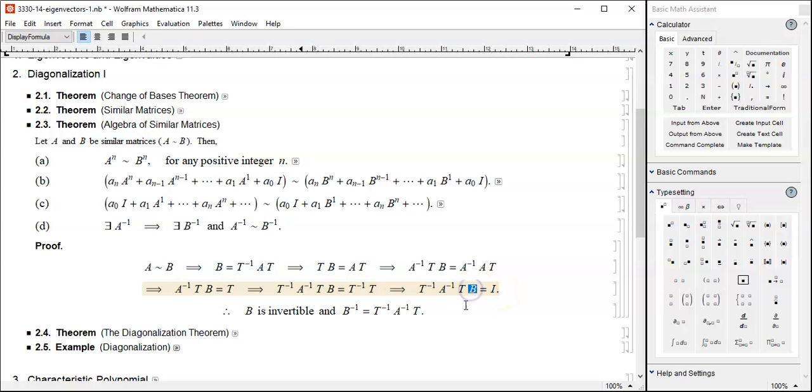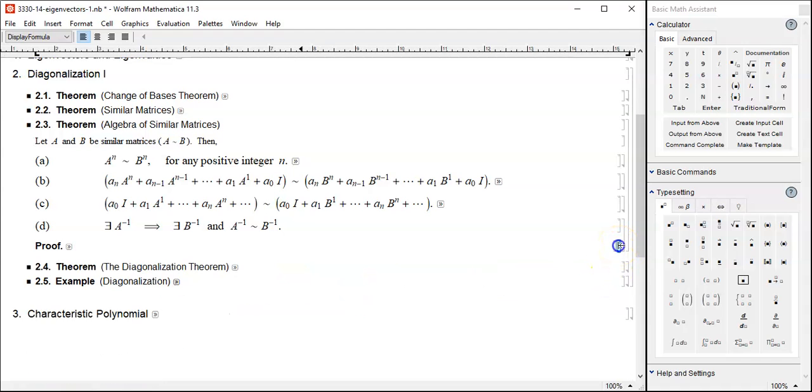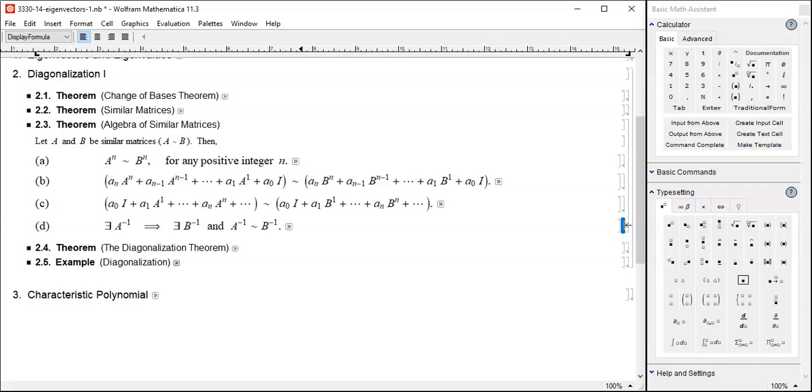So this times B is I, so that's the inverse matrix of B. In the end, what do you get? We have the same thing, T inverse A inverse T. Same thing. So any nth power, even for negative integer power, it works out.